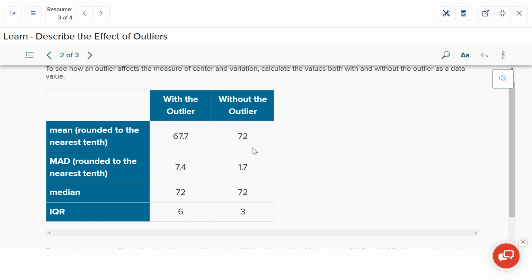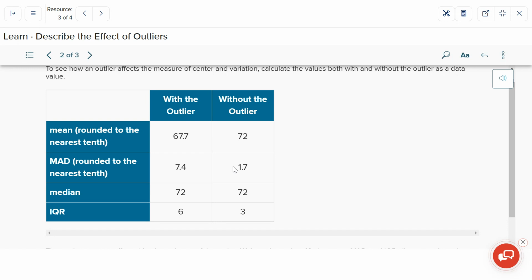It makes our mean go higher because that value was low. It was a low outlier. It also drastically changes our mean absolute deviation because the distances between the data points and the mean is what this is, the average of that. If we have an outlier, it's very far away from the mean.